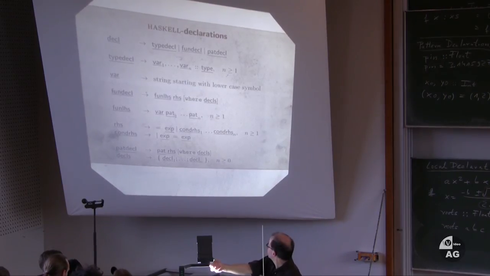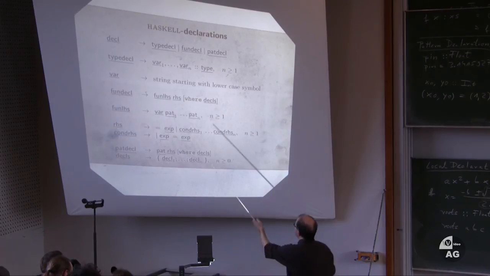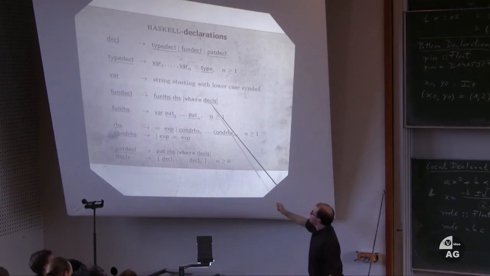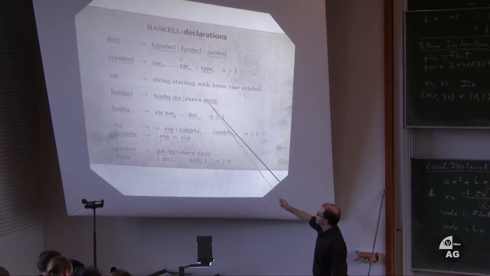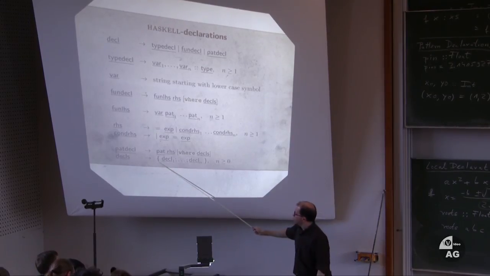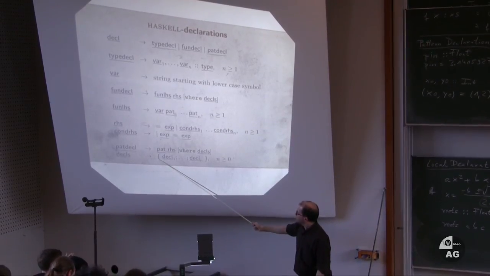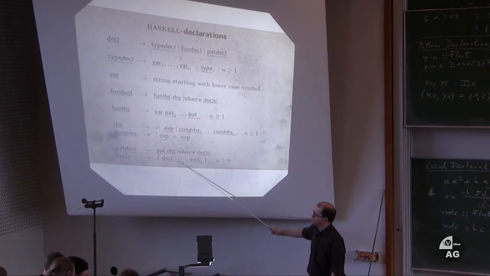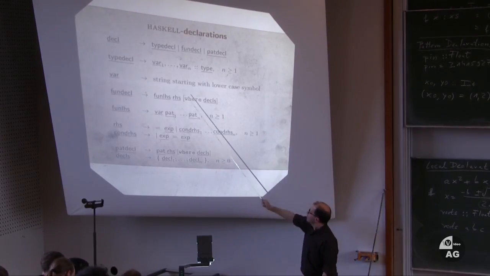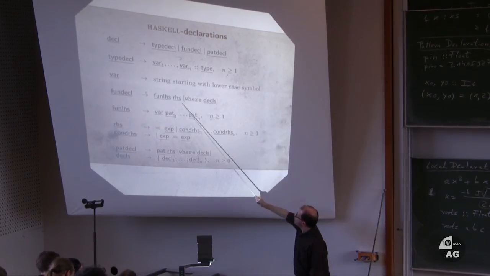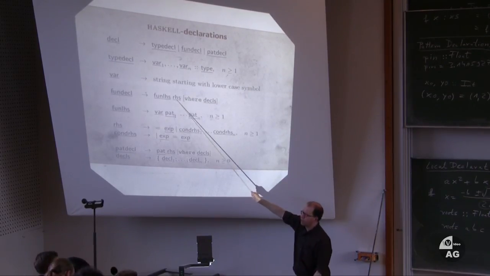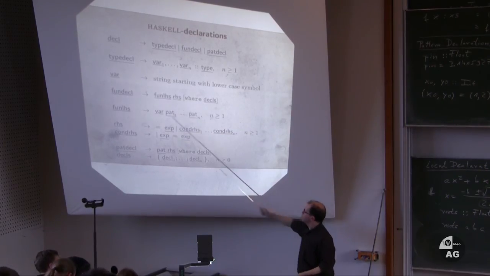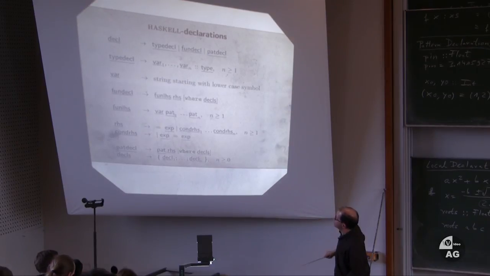And if you have this where clause, then after the where clause comes a sequence of declarations. And decls means that you have an opening and a closing curly bracket, and inside you have many declarations separated by semicolon. And these declarations are only visible in this right-hand side. So outside this right-hand side, they are no longer there. So they are really local to this right-hand side. And you can have this in function declarations and in pattern declarations.